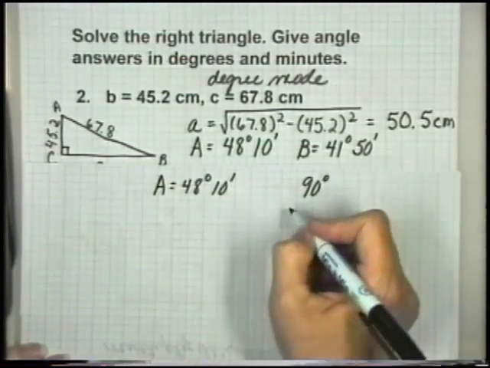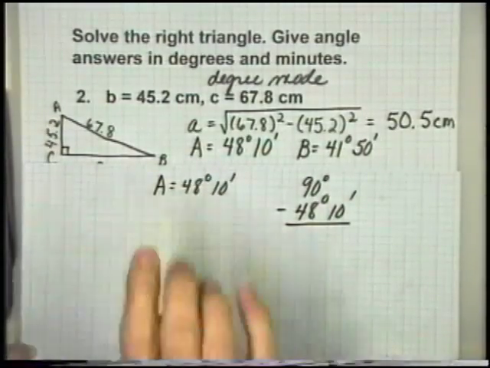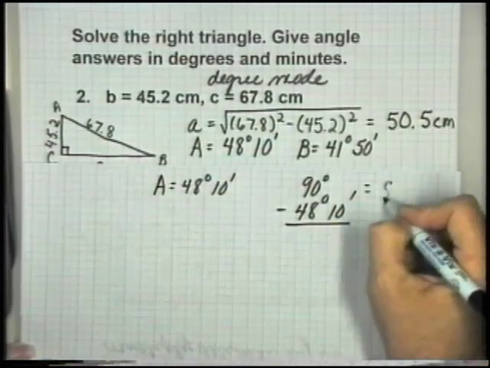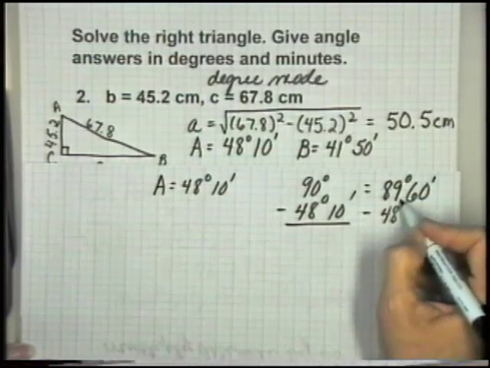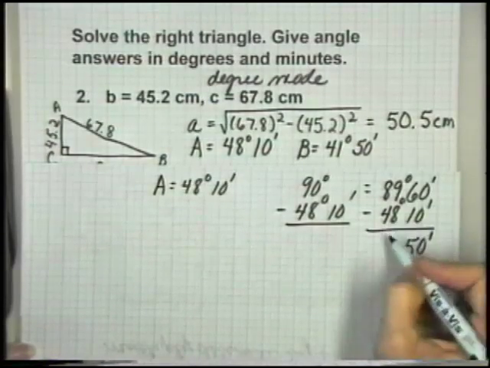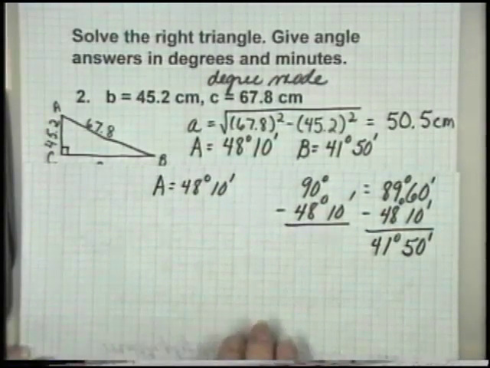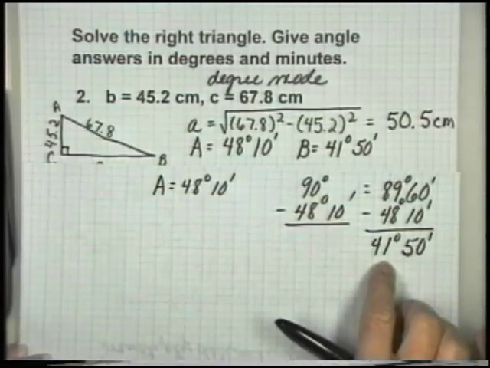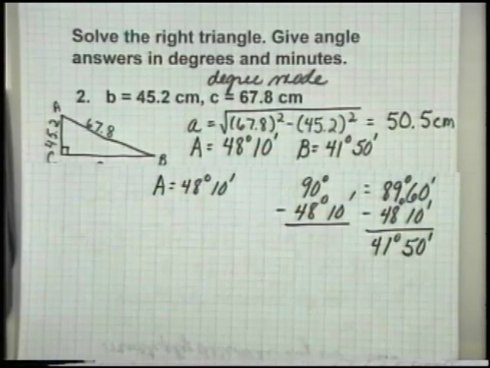So usually to find this other angle, I just say 90 degrees minus whatever I get for that first angle, and of course we'll rewrite the 90 as 89 degrees, 60 minutes, and we'll subtract the 48 degrees, 10 minutes, and 10 from 60 is 50. Do you see? Now I'll leave it up to you which one's easier. Well, I think this is easier, but remember you're taking a risk, because if we got angle A incorrect, then of course angle B would also be incorrect.